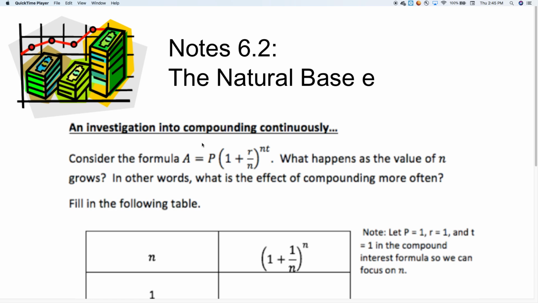E is a number. What other number do you know that's named by a letter? Pi is a Greek letter.